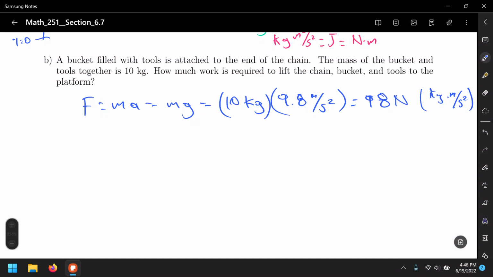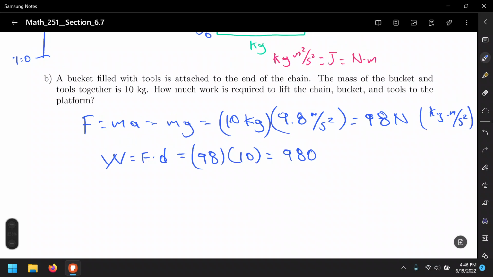Now that we have the force, let's find the work done, which is work equals force times distance. This is going to be 98 times the distance 10, which is 980. Yes, the value is very much the same as before. That's just a simple coincidence, nothing weird. These are joules.